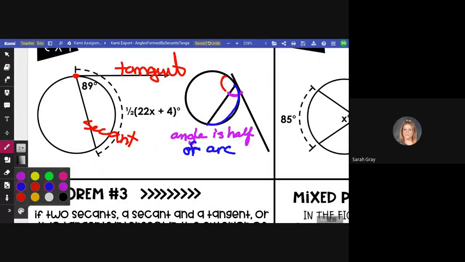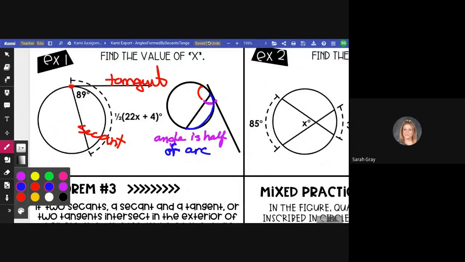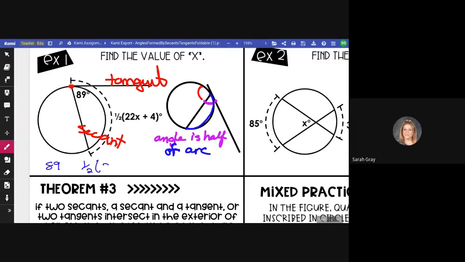Morning. Okay, so let's do the numbers that they gave us. If the angle is 89 degrees, we need to find x. So which one do we double? Do we double the 89 or do we double the arc? The angle is half of the arc. Absolutely.